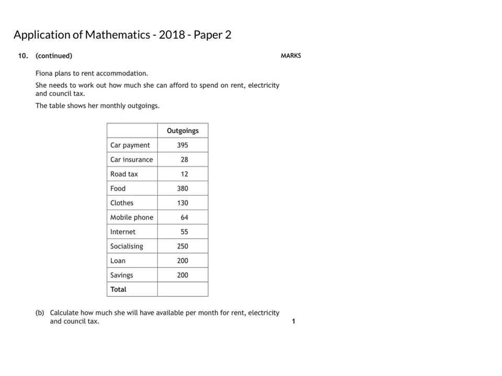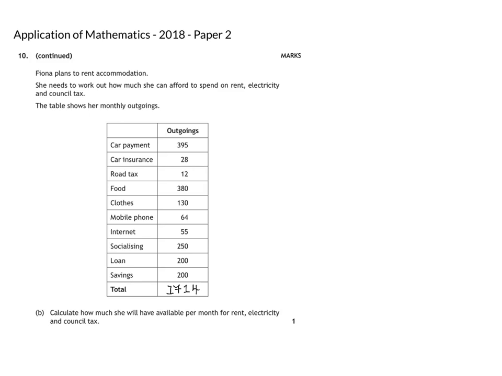and when we add all those values up, so the car payment, car insurance, road tax, food, clothes, mobile phone, internet, socialising, loan and savings, we get that that is £1,714.